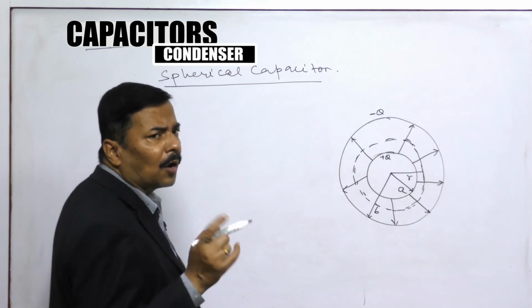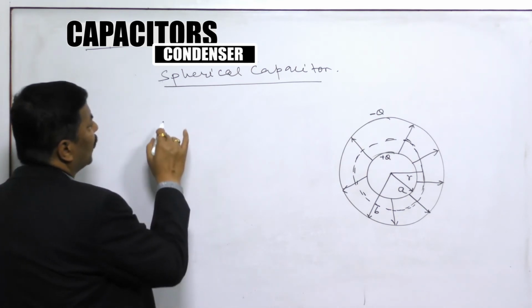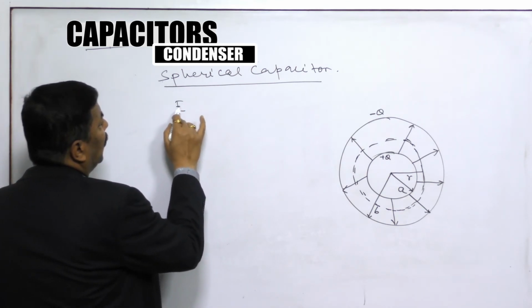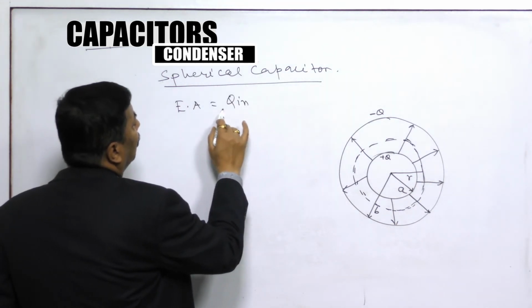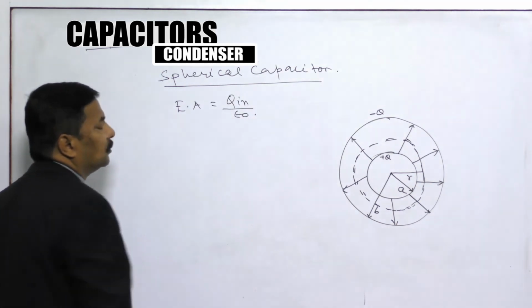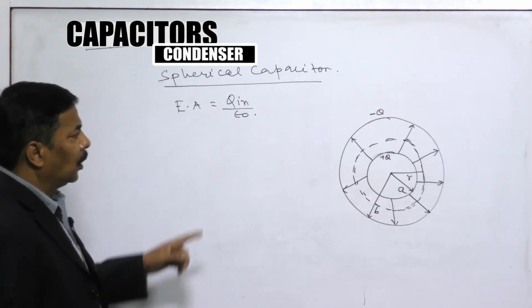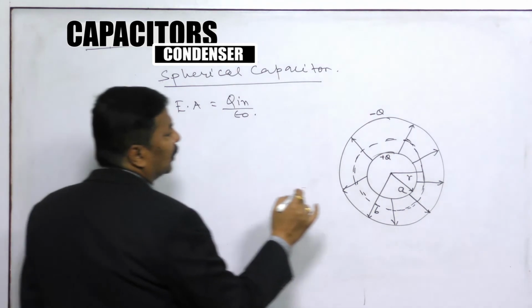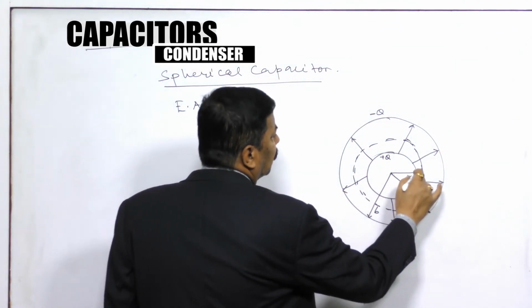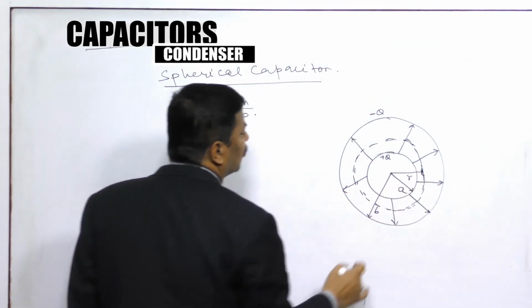So Gauss law says E into A is equal to Q in by epsilon naught. Here the radius is r, and this is the area of the Gaussian surface that I am considering.